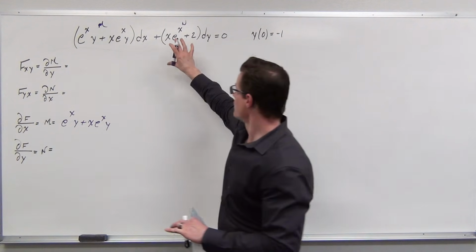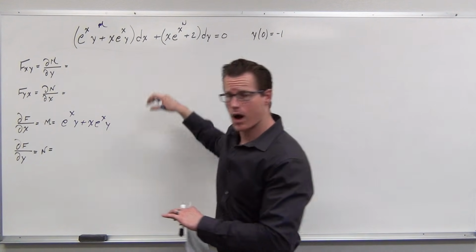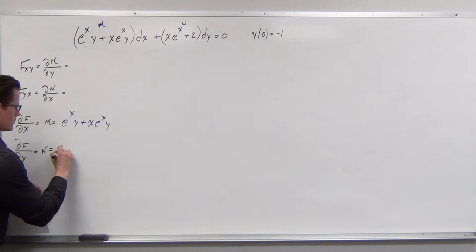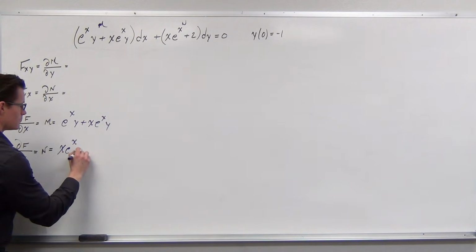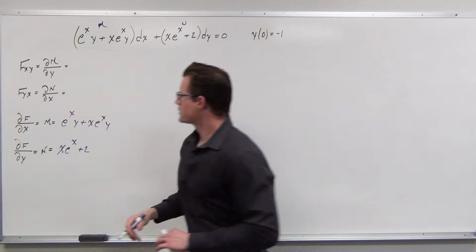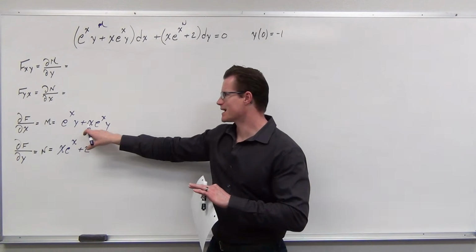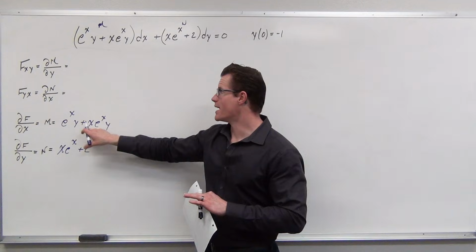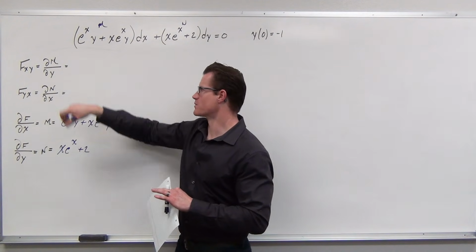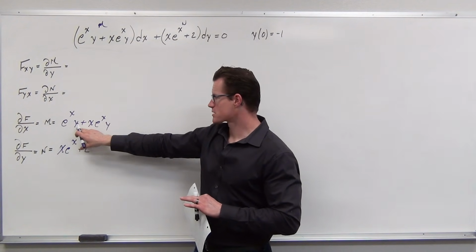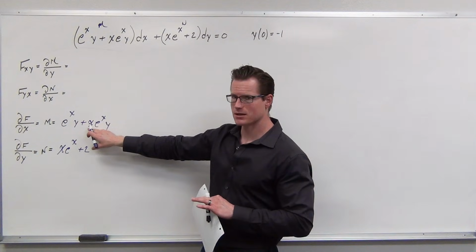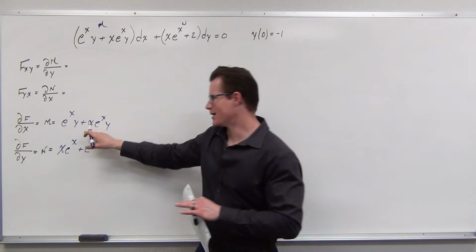And likewise, this would be the partial of f with respect to y. Now let's find our mixed partials. This means if this is already a partial with respect to x, take it again with respect to y, and that gives you this right here. Partial of n with respect to y would give you e to the x plus x e to the x. Looked bad, not bad.